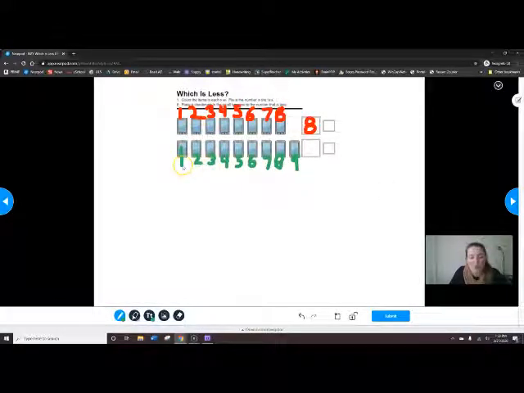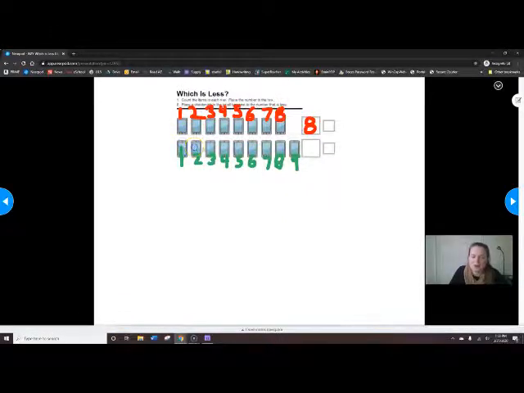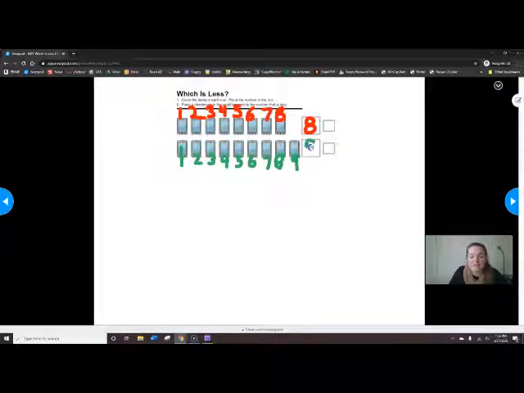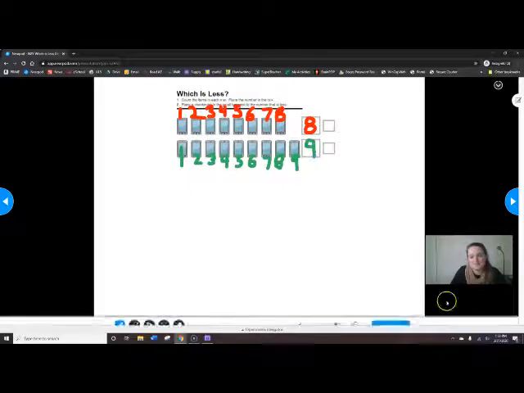Ready? 1, 2, 3, 4, 5, 6, 7, 8, 9. Now I know if you put your finger on the screen, it might put a dot on every single one, and that's okay. So we have 9 phones in the last row.